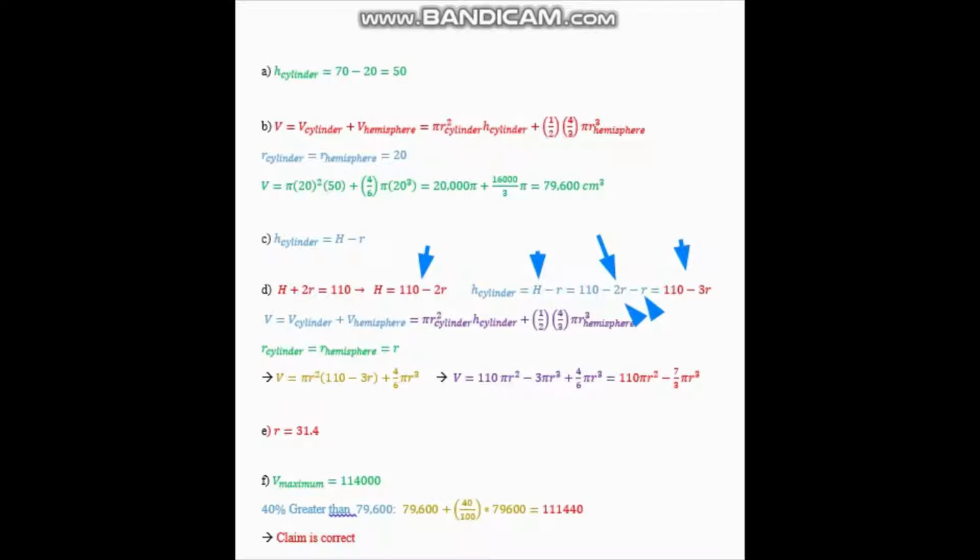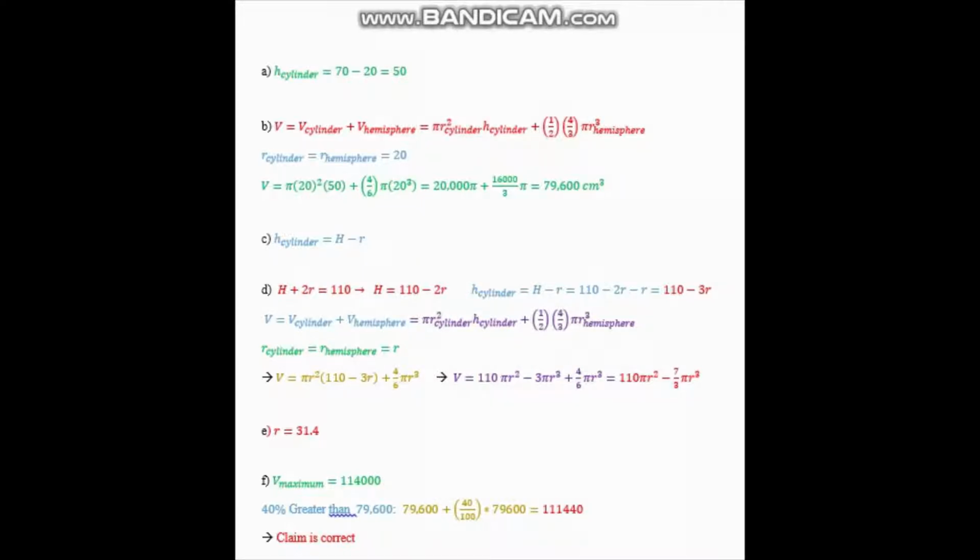So I want to find the volume of the trash can, which is again the sum of volumes of the cylinder and the hemisphere. This is a repetition of B. So pi r squared h plus half times 4 over 3 pi r cubed. And we know that they have the same radius, so both radii shall equal r. Hence we plug into the equation the values for r and h, but this time they are not numerical as in B, they are in terms of the variable r.